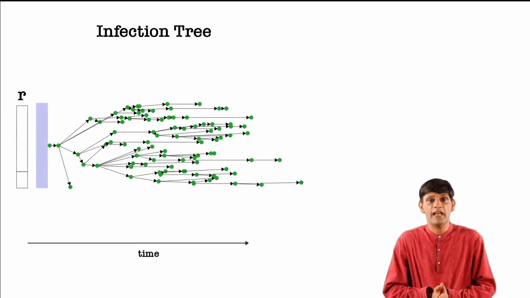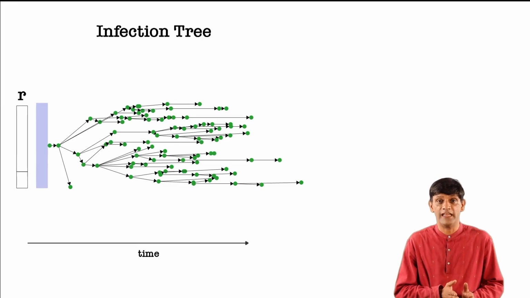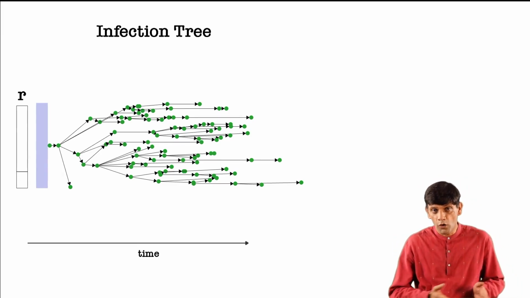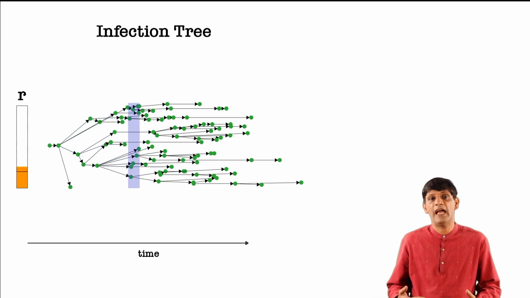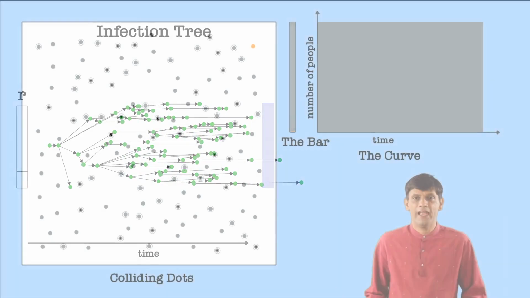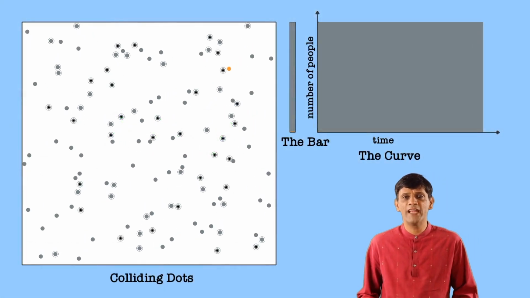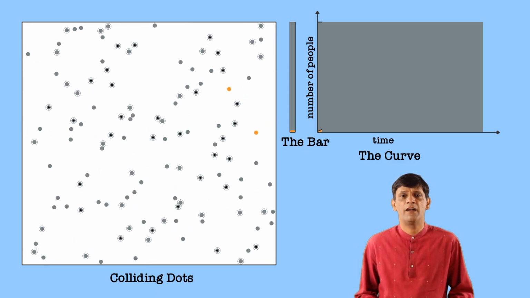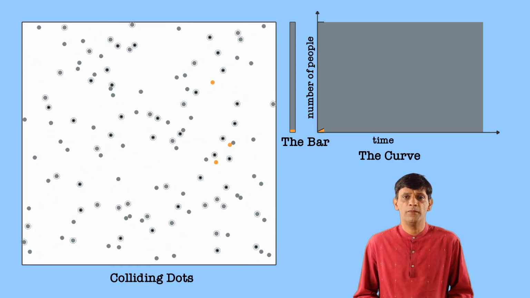And at a given time, few people are infected. We can also estimate the R value over time, and we realize that it's much lower than in the previous case.